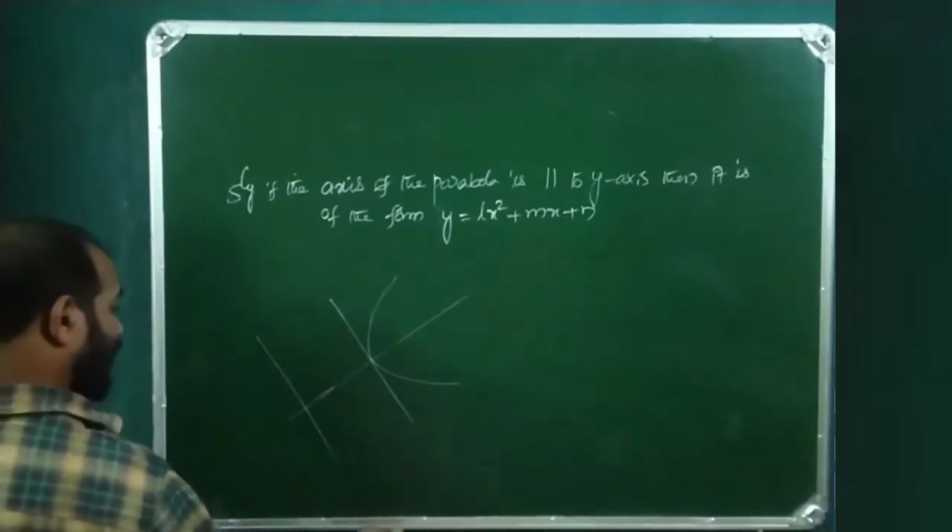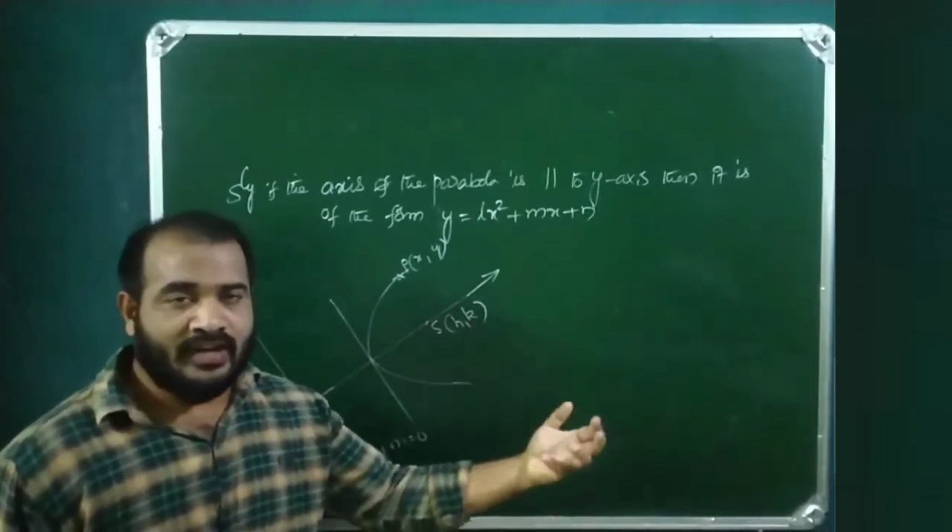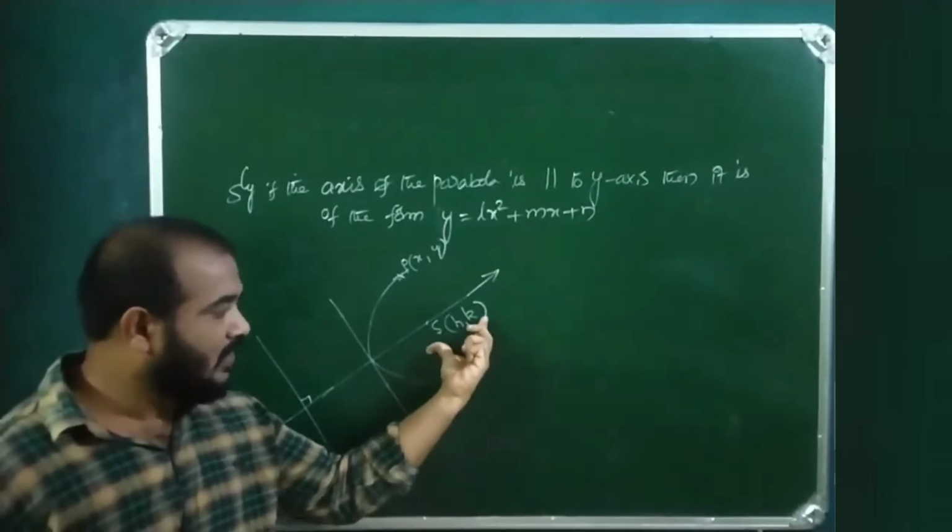For example, take this line to be lx plus my plus n equals 0 and the focus S as h comma k, and let this point P be x comma y. So this is the directrix and this is the principal axis. The principal axis always passes through the focus h comma k.